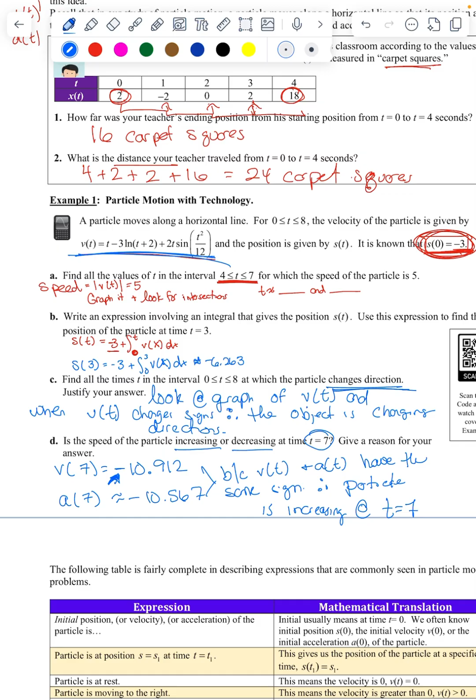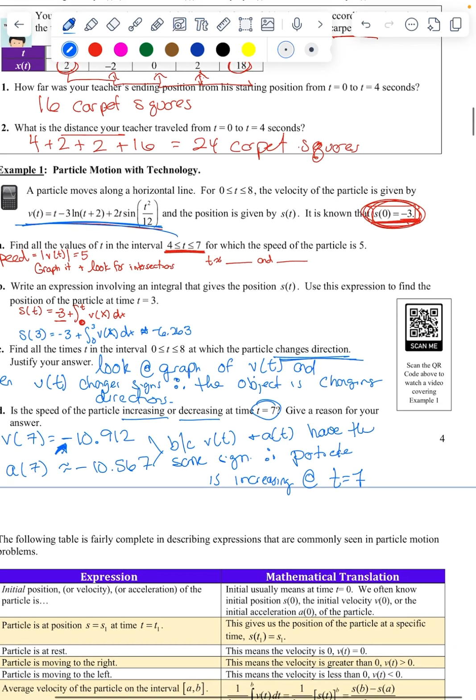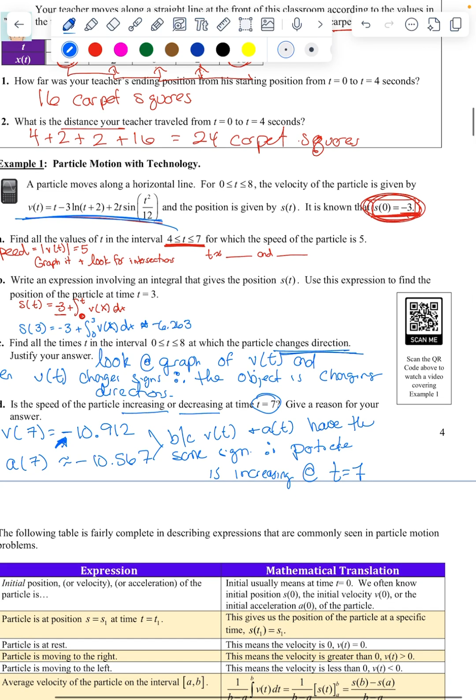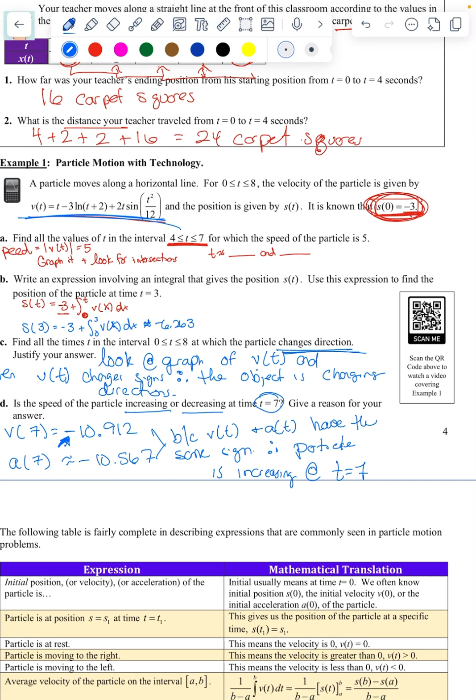And then you can also look at the graph of the speed from part A. If you go back to the original graph that you did, you can actually see that the curve is increasing at t equals 7.